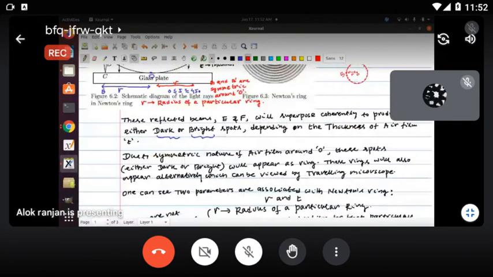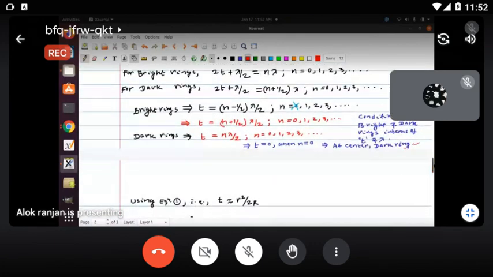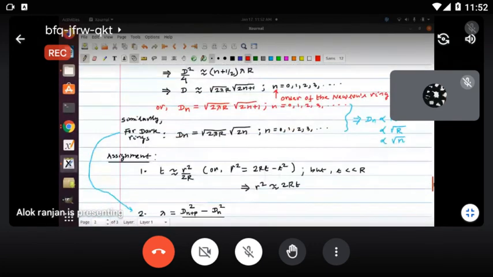Since n represents the order of a ring, it is appropriate to put a subscript with this diameter: D_n represents the diameter of the nth ring. And this is the condition for a bright ring, so the diameter of the nth ring should satisfy this equation. Similarly, one can derive the diameter of the nth dark ring, which will satisfy this relation.